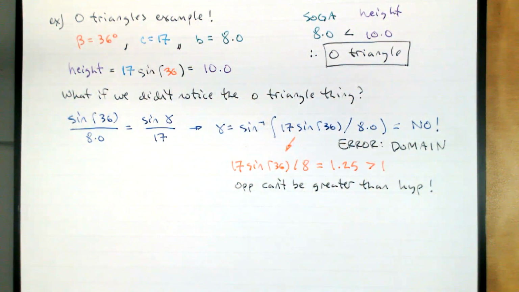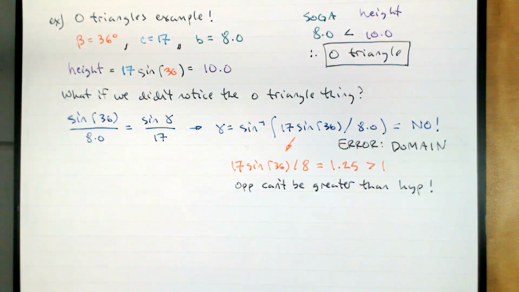That's why there's no triangle. The height is too much. The ratio of the height to the side opposite the given angle is 1.25. The side opposite the given angle would have to be 25% bigger just to make it to the line where the third side goes.